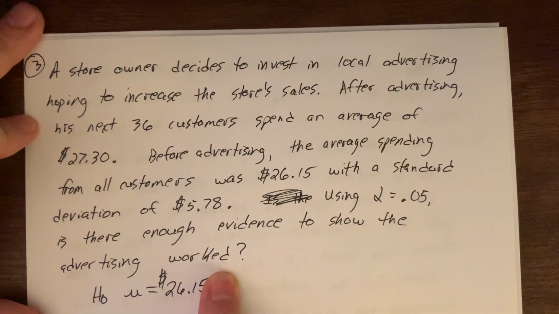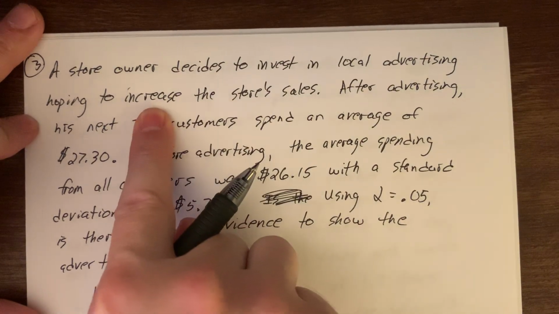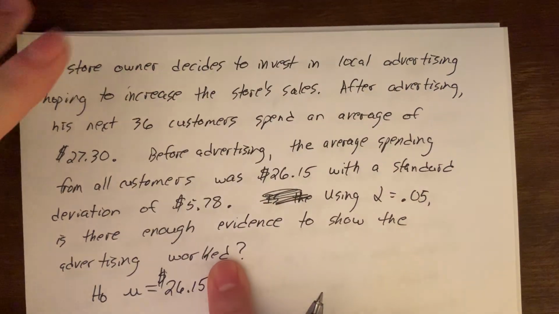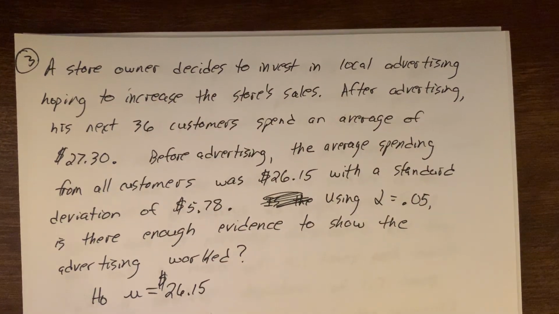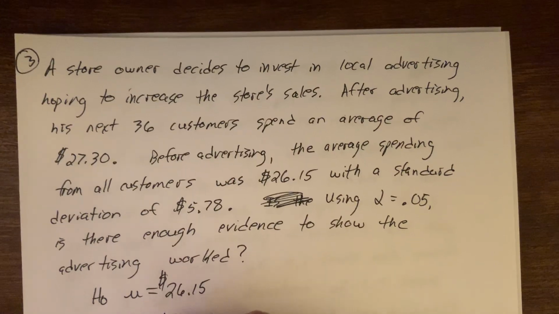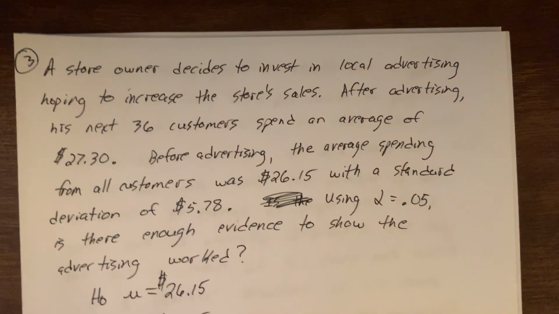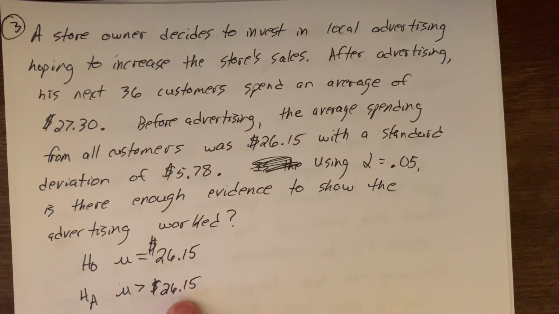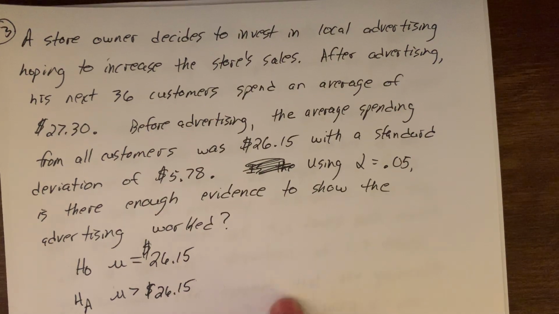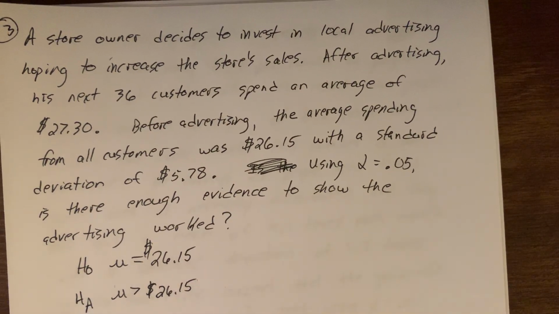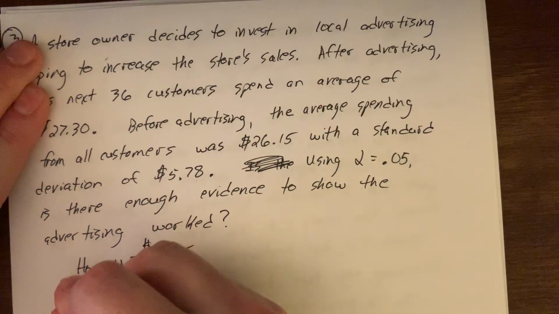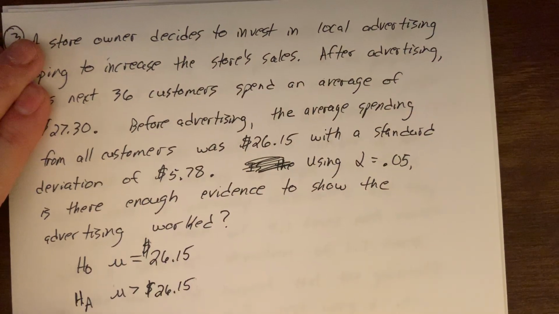If we sell more, so I clearly say increase here. The general inference from advertising working is that sales have increased. So greater than the 26.15. And we can again write the sentence, after advertising, the average sales are more than the 26.15. That our customers have increased their spending. So there's my null and my alternative.